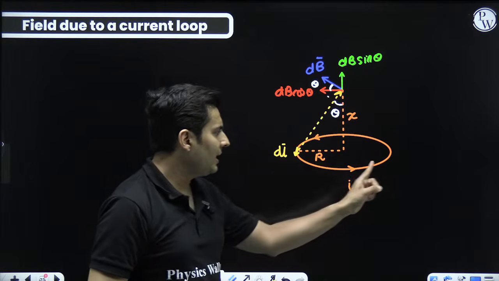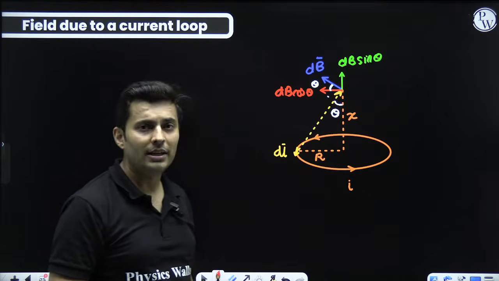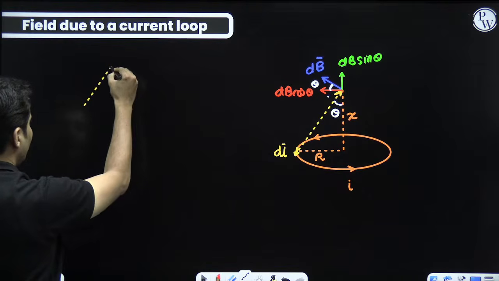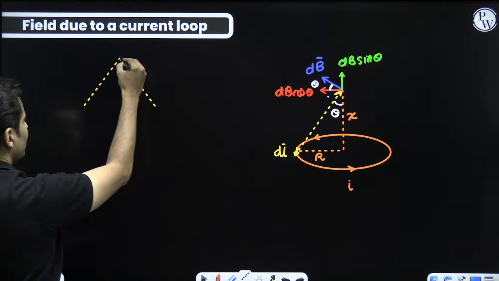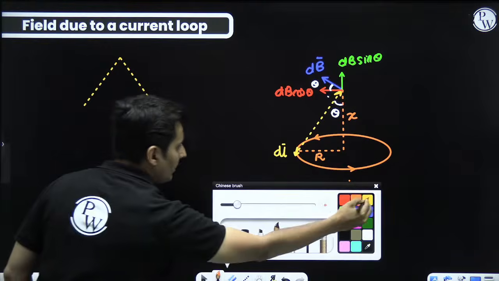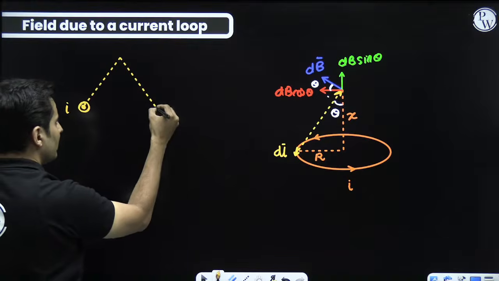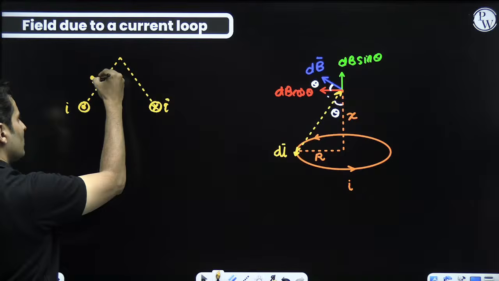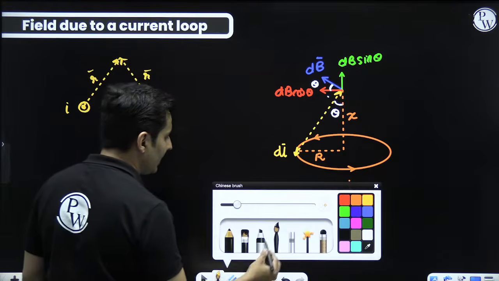Now you take any such element, rather I would suggest take the exact opposite element. So if you happen to choose the exact opposite side element, here the current was coming towards you, here the current is going inside the board. This was also r, this was also the position vector. How will the magnetic field lines look like?